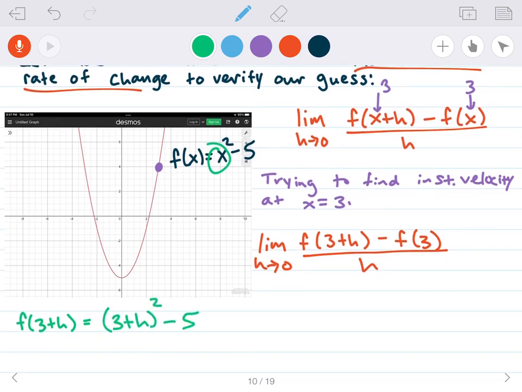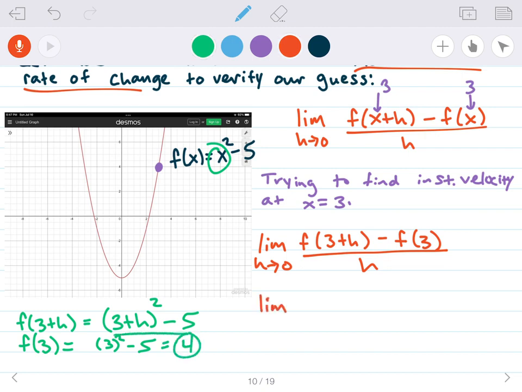And then f of 3, I'm just plugging in 3 in for x into my function. So I get 3 squared minus 5, which is just, let's see, 4. All right, so I'm going to plug this into my equation up here.